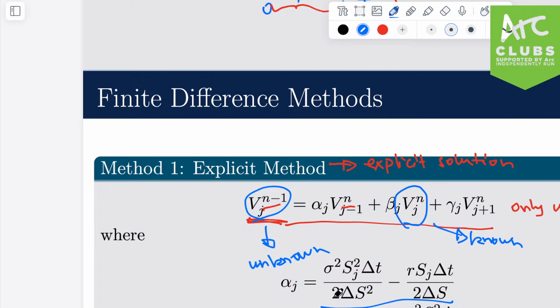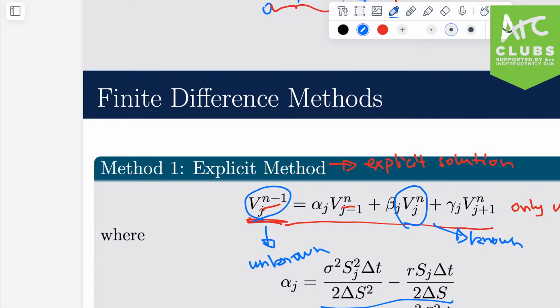However, the problem with the explicit method is instability. The explicit scheme is only stable when the ratio of delta t over delta S squared is small.